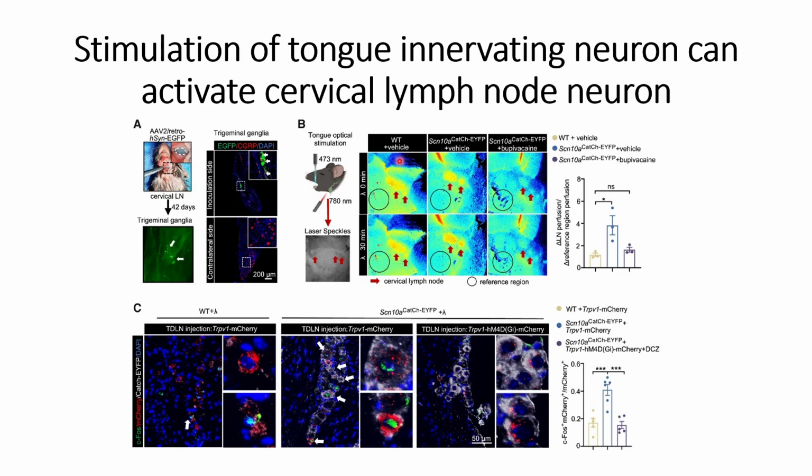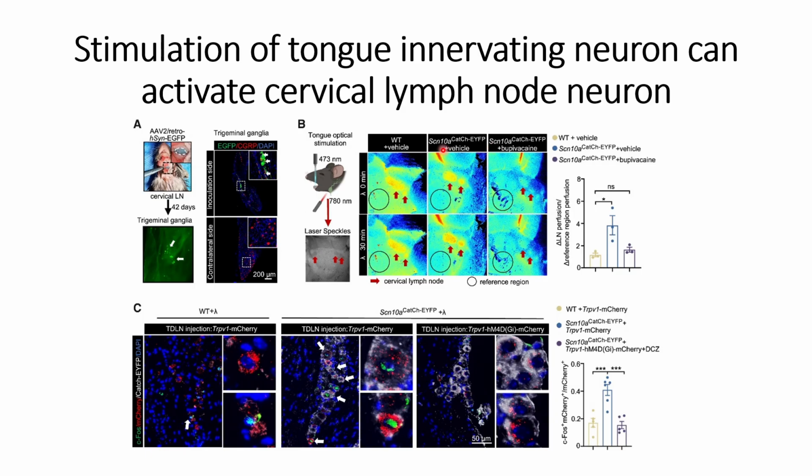So in the wild type, they are able to see baseline blood flow in the cervical region, and this is the reference region. So basically they measure the difference between this reference region and the blood flow intensity. In the case of CatCh-EYFP, which is transduced at the tongue site, in the presence of light it will increase the calcium influx, and that will lead to high neuron firing, and they expect this neuron firing to increase the blood flow in the cervical lymph node.